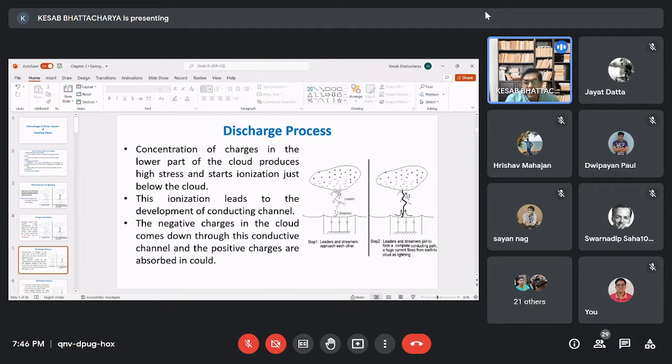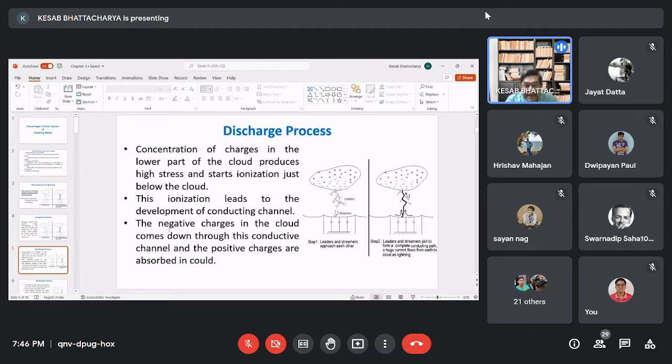Now, what really happens is this: just below the cloud, since air has ionized, the air no longer acts as an insulating medium, but on the contrary, a part of the air becomes conducting in nature due to formation of both positive ions and electrons. That is why, up to a certain distance, we can explain the situation as if some conducting channels have developed below the cloud.